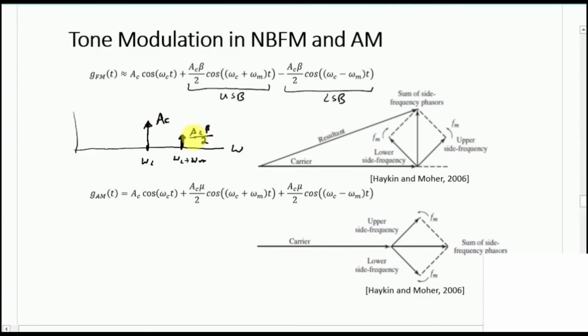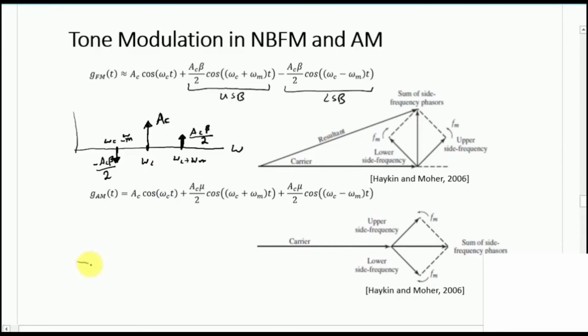And over here the strength is equivalent to AC beta by 2. And for the lower sideband we would have a negative sign at omega c minus omega m, which is minus AC beta by 2. So this is our line spectrum.